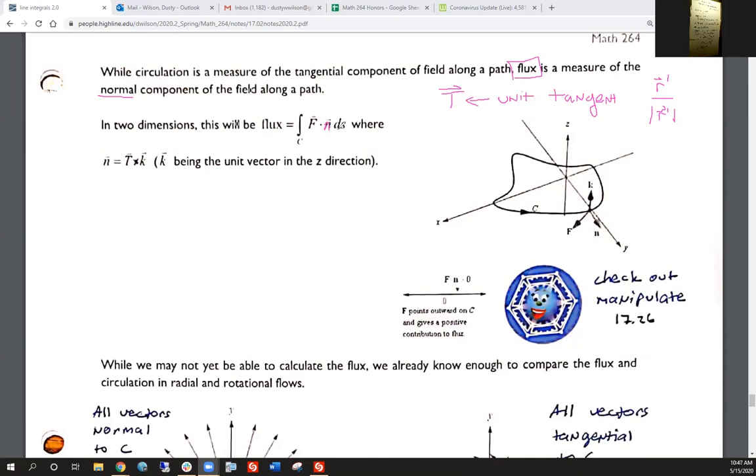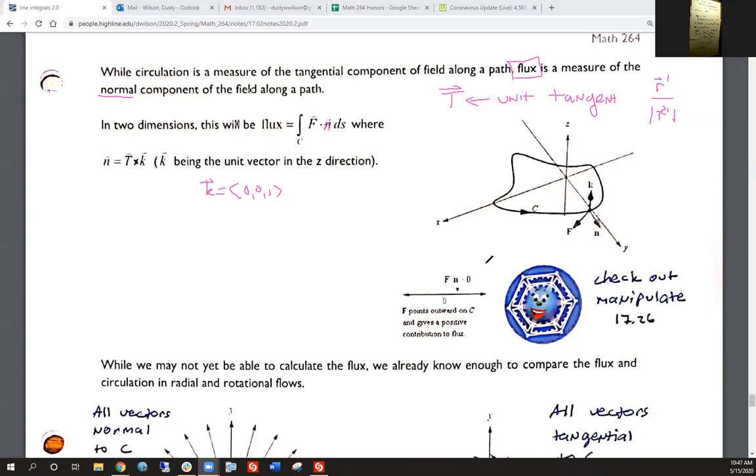I mean, it could be related to it, but in this particular case, N is going to be the unit tangent vector crossed with K. And here, K is equal to the 0, 0, 1 standard basis vector. And we'll have to do a little bit of work to pull this all together.